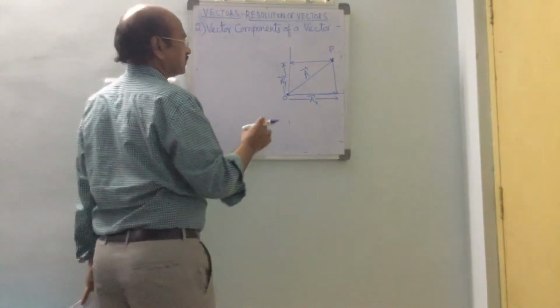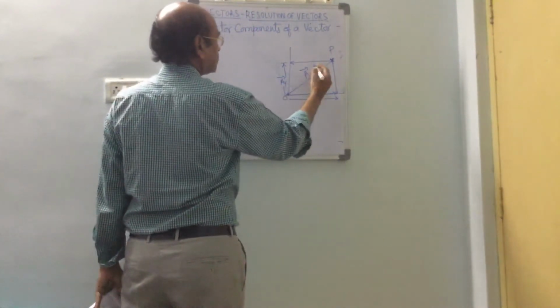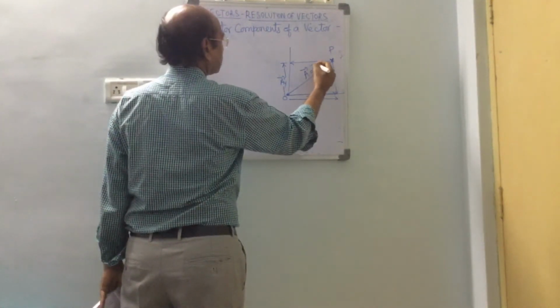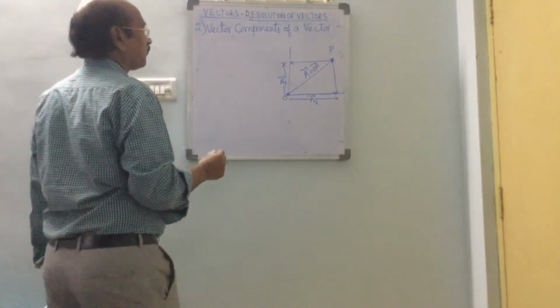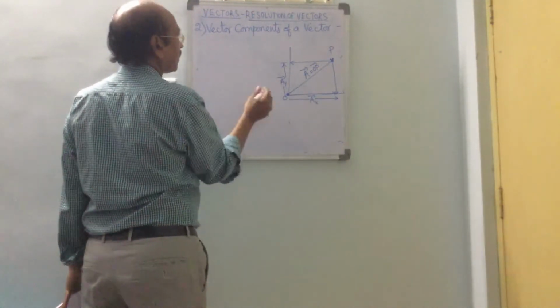Consider a point P. OP bar is equal to A bar. Now, the vector components of a vector A bar are as follows.